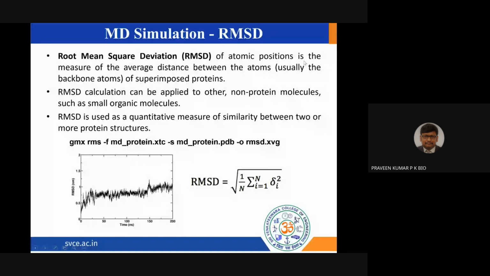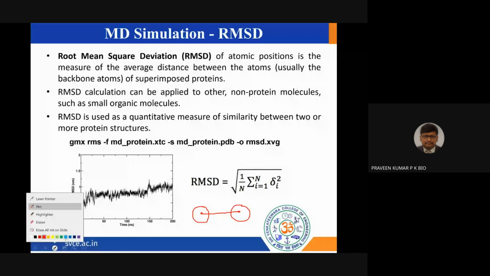One should understand it is the measure of the average distance between the atoms. If you have one atom and another atom, the distance between them is the interatomic distance, isn't it?